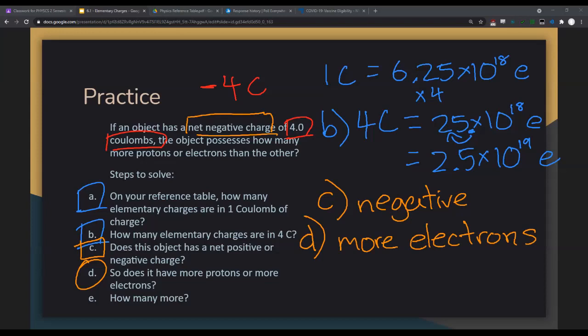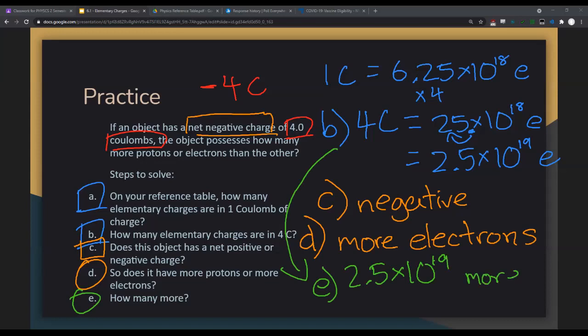And then specifically, how many more do you have? Well, that's easy. You solve it up here. You have 2.5 times 10 to the 19 more electrons than protons.